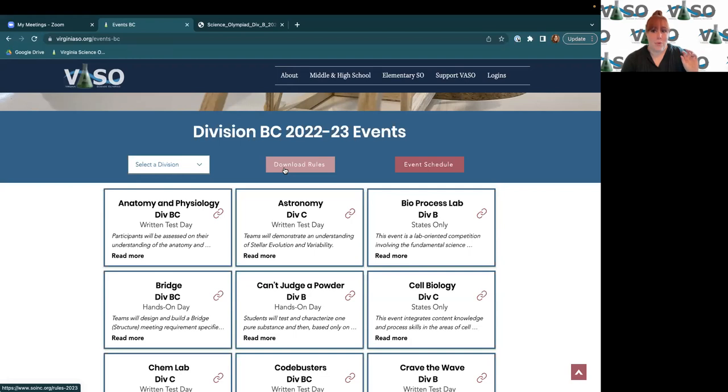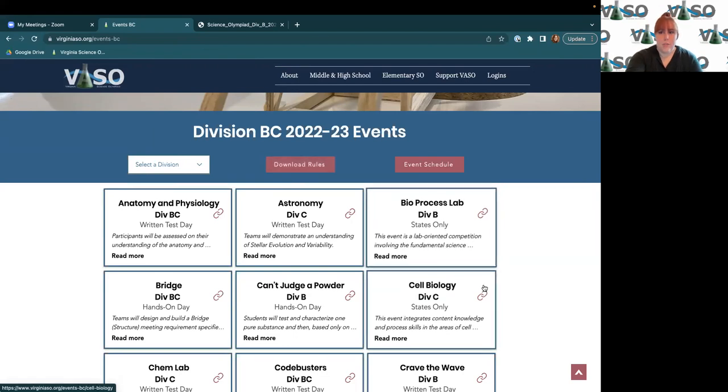And so it's really important that you either post it on that secure Blackboard kind of site, or direct your team to go here and access the rules, because if they try to search for them on their own, they may end up getting the wrong year. And even though it may look initially like some of the events have the same title, there are changes made every year. And we want to make sure that they have the correct rules for this year's tournaments.